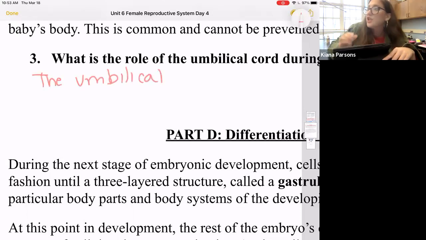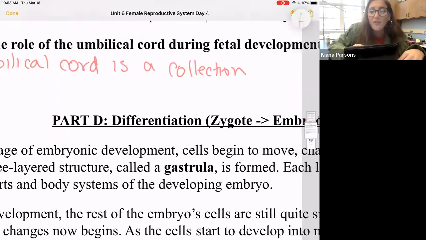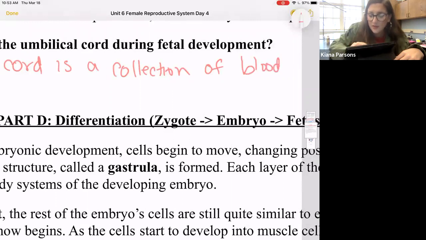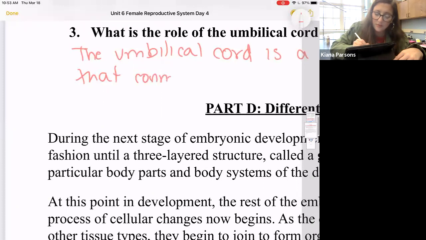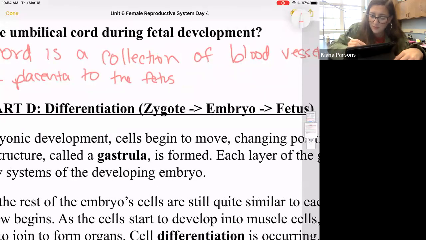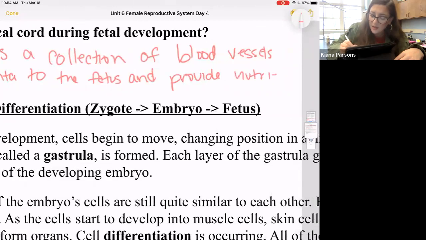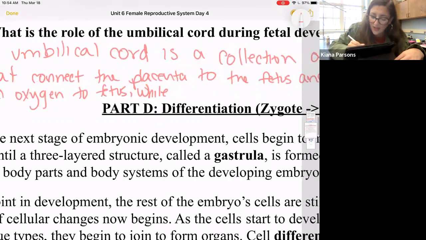The umbilical cord is a collection of blood vessels that connect the placenta to the fetus and provide nutrients and oxygen to the fetus while carrying waste away from the fetus.